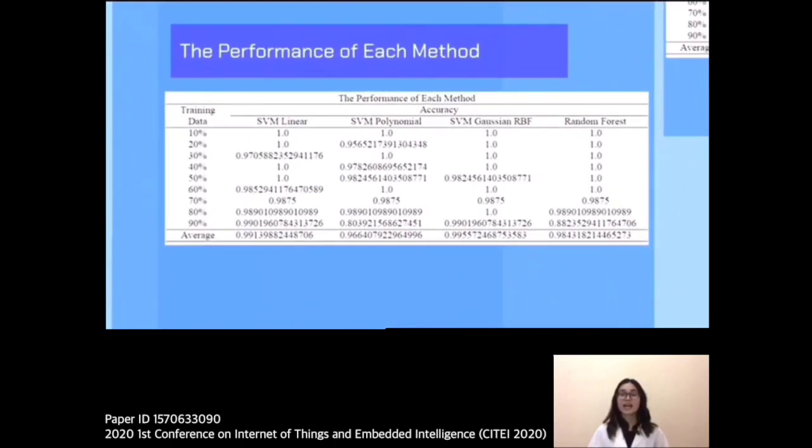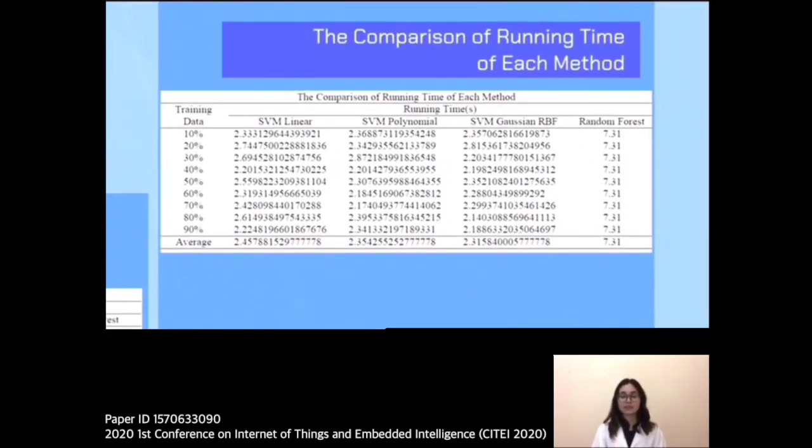As you can see in the table, the best accuracy obtained was 99.55%, which resulted from the SVM model with a Gaussian RBF kernel, followed by linear kernel SVM, random forest, and the lowest accuracy from the SVM model with polynomial kernel. Gaussian RBF has the best accuracy with 10% to 40%, 60%, and also 80% training data.